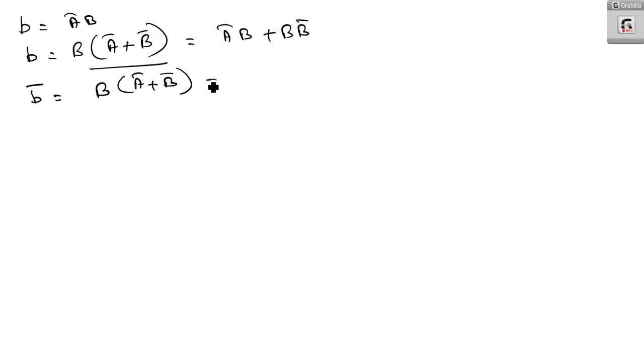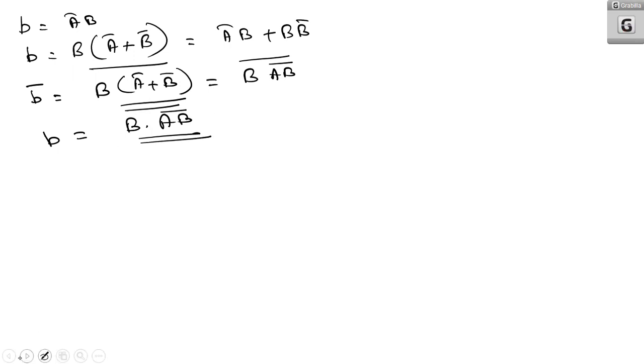What is A bar or B bar the whole bar? That is AB bar, the whole bar. That is B bar. Now what is B? B is B dot AB bar the whole bar and complement of that. That you will get B. So I think you got the logic how to take it.